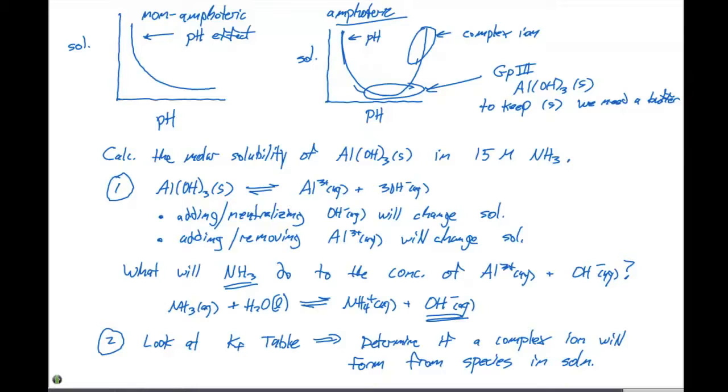If we look at the Kf tables, we will see that Al3+ does not form a complex ion with ammonia, but it does form a complex ion with the hydroxide ion.